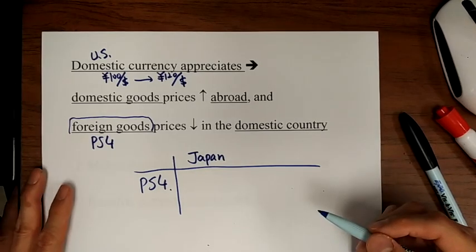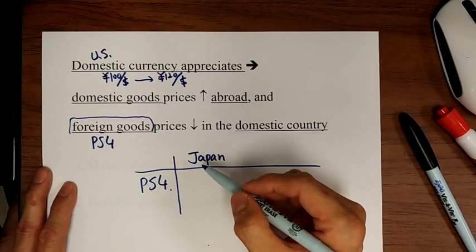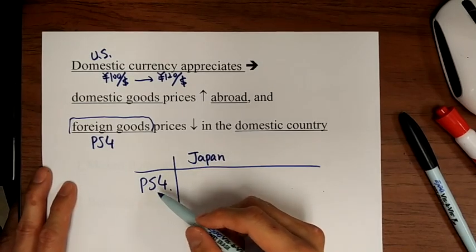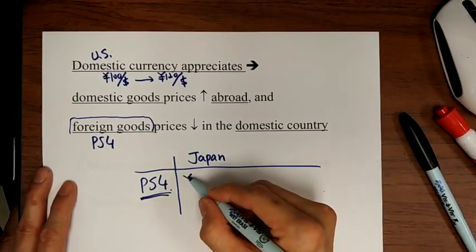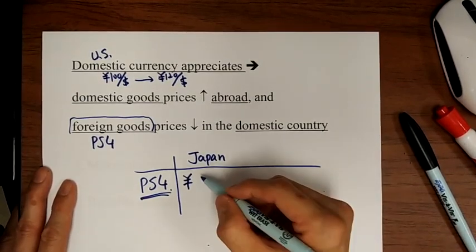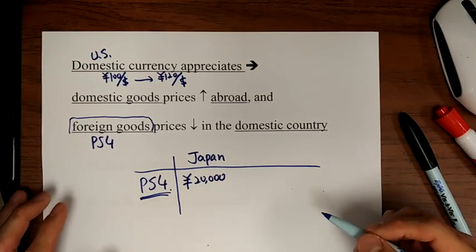And say, for example, Sony prices PlayStation 4 at 20,000 yen.